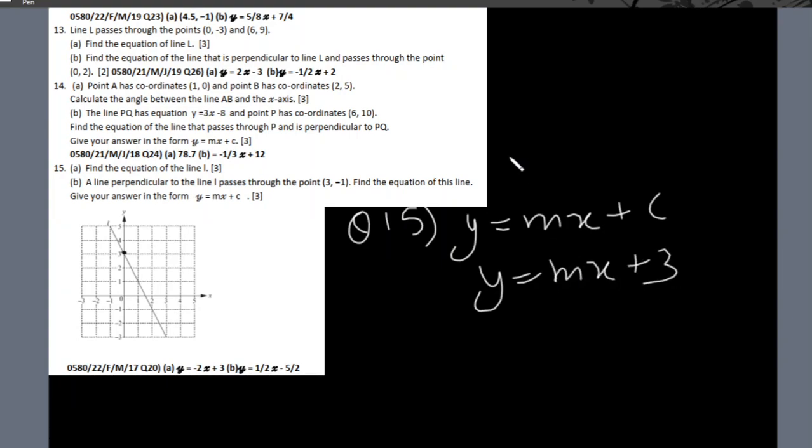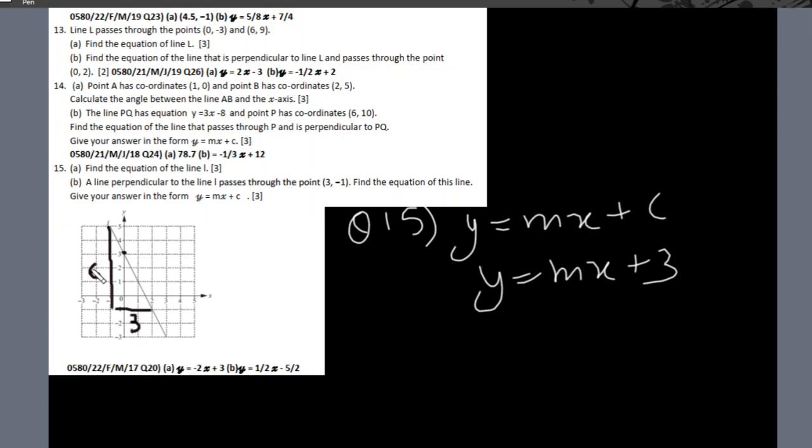Next, I need the slope. So slope is rise over run. So I would like integer values for rise and integer values of run. So I can take this rise and this run. So the rise is 6 units up and the run is 3 units, right?